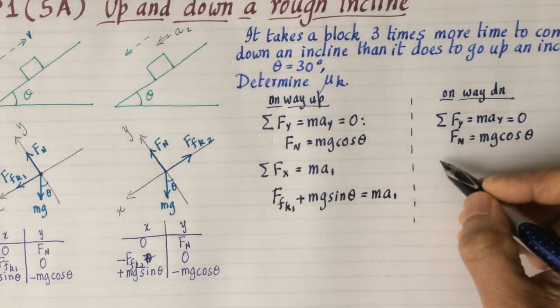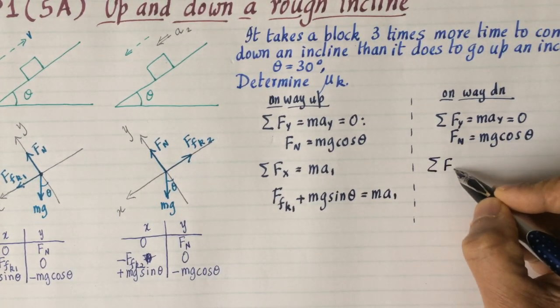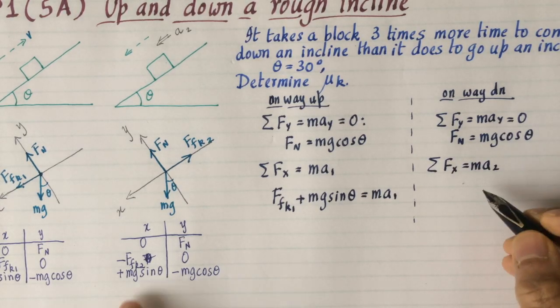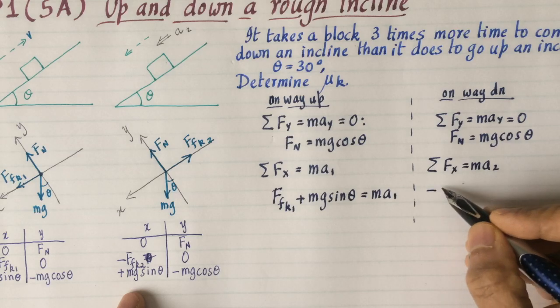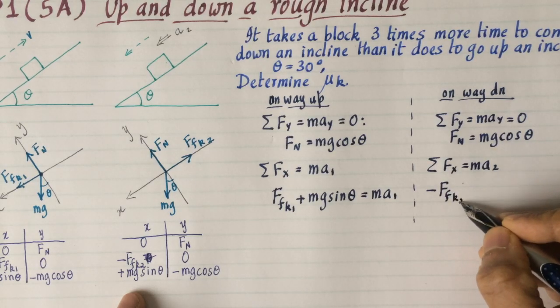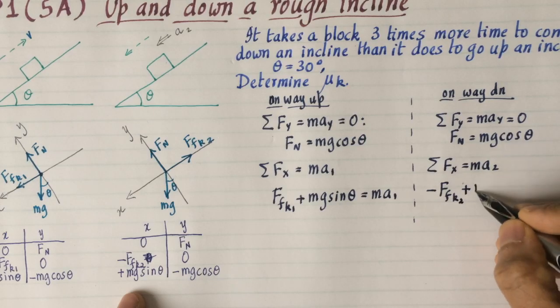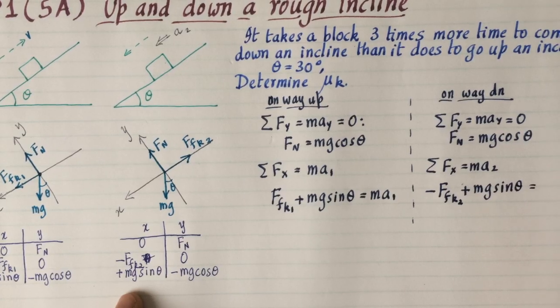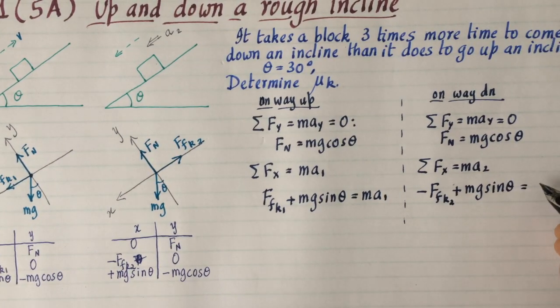On this side, I'm going to get negative Ffk2 plus mg sine theta is equal to ma2.